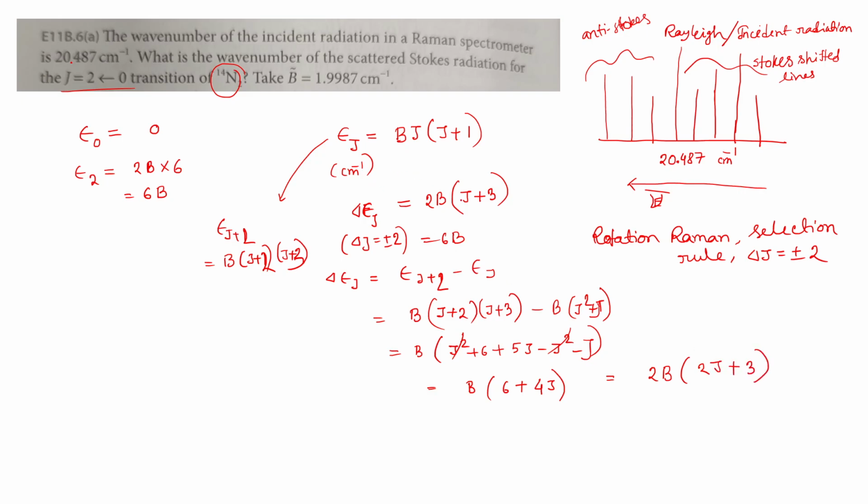So this should be 2B into 2J plus 3, not J plus 3. So this is the mistake. It's good practice to always go and check that.